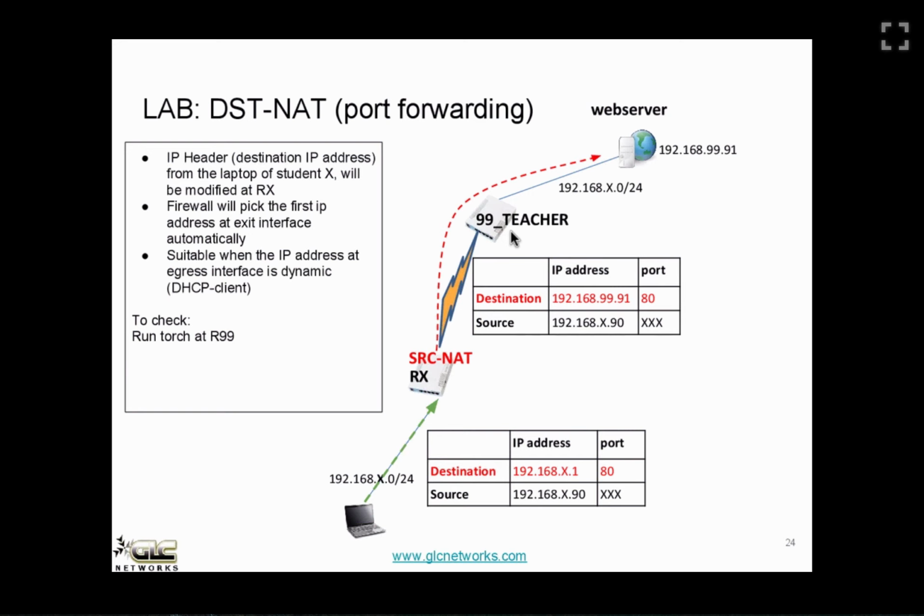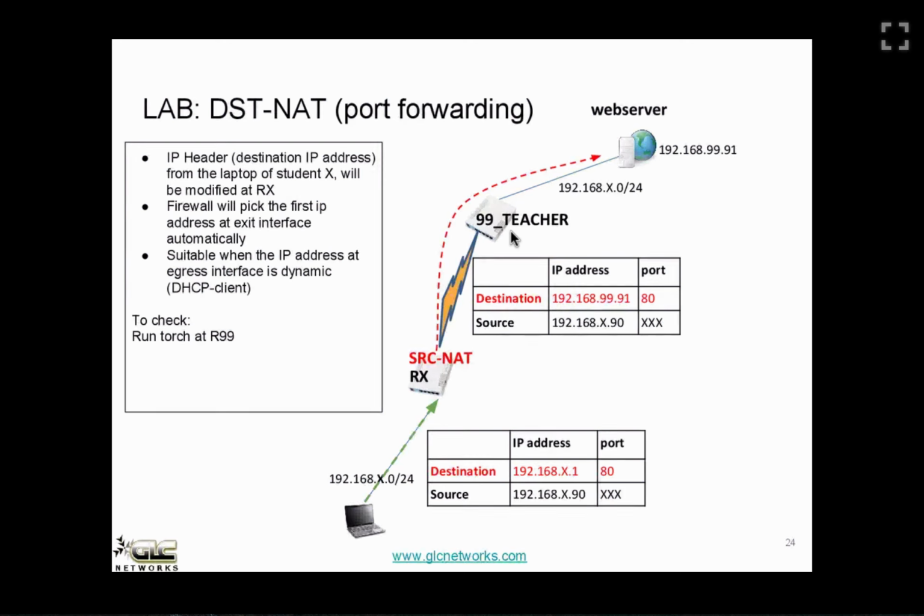So your question, do we need to set up a firewall too behind the Mikrotik NAT? Yeah, you can set up the destination NAT. You have two rules. The first rule is for source NAT, the second rule is for destination NAT.